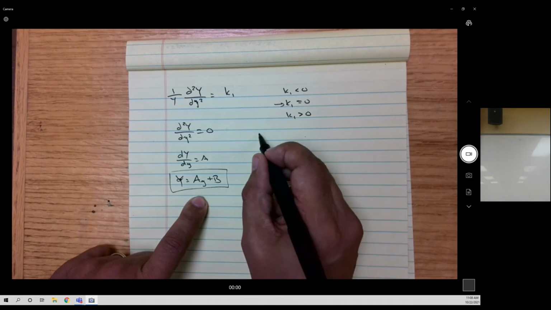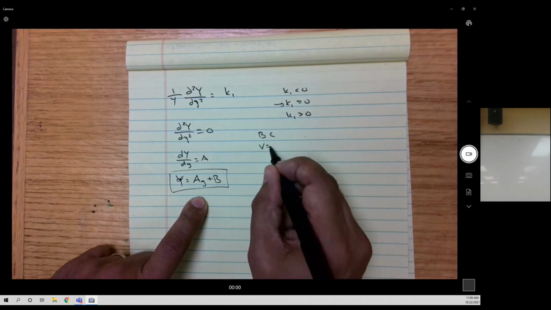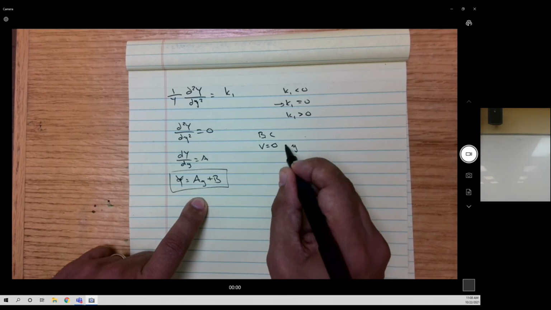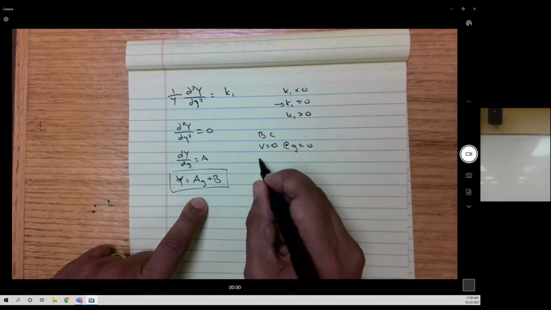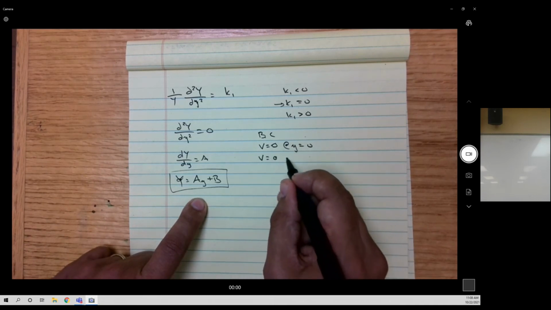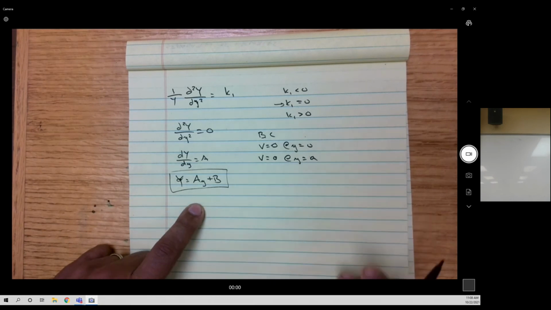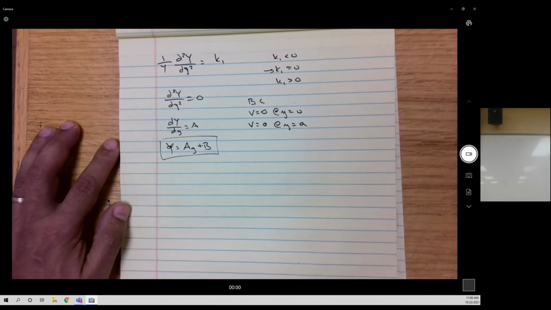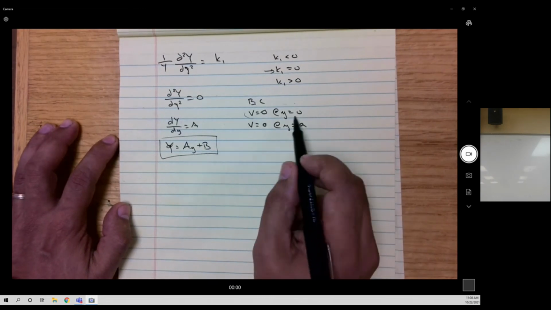I know that V is going to be equal to 0 when y is equal to 0, and also equal to 0 at y equals a. I'm going to look at those two boundary conditions.